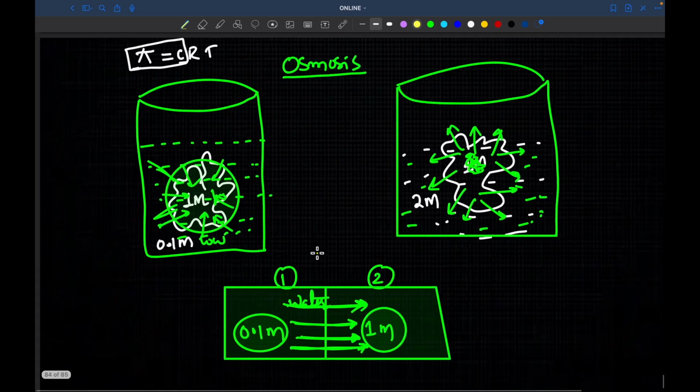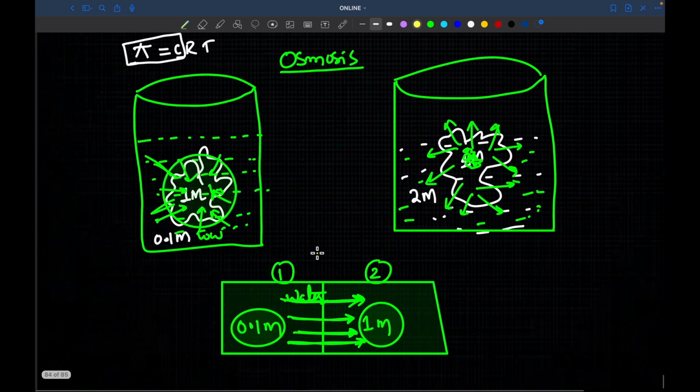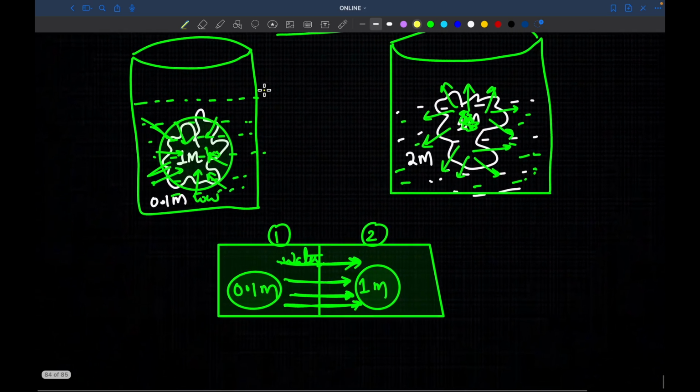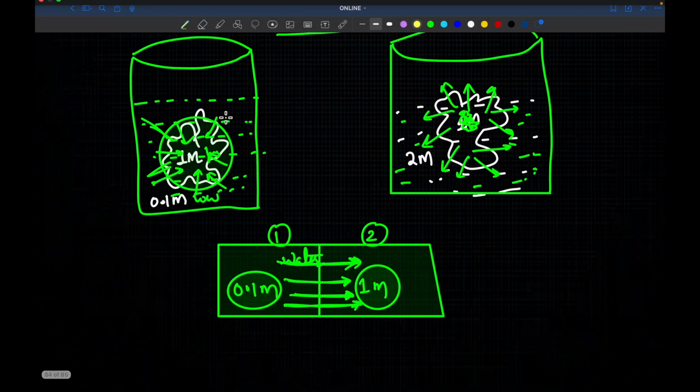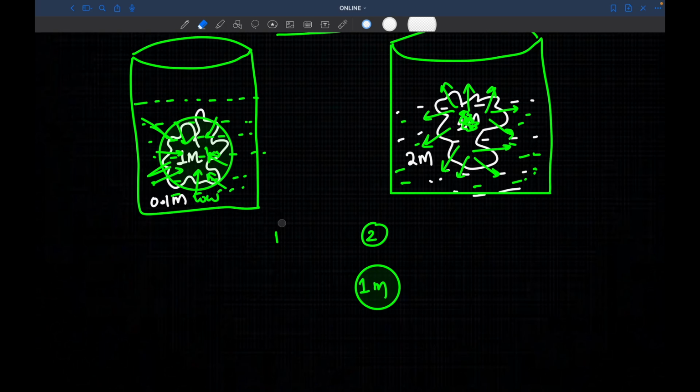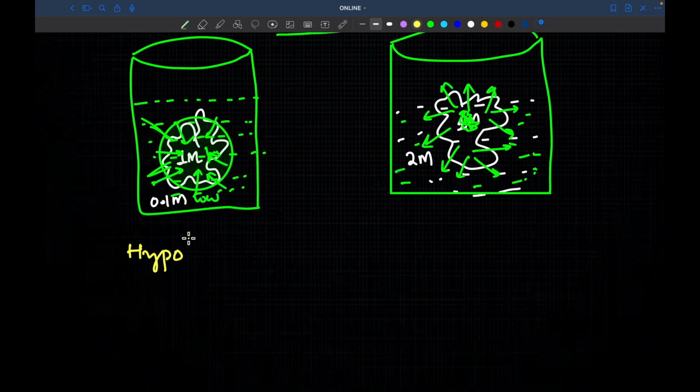Okay. So here we have to learn two more words. We have seen what is isotonic, and next we have hypotonic solution, and this is called hypertonic solution.